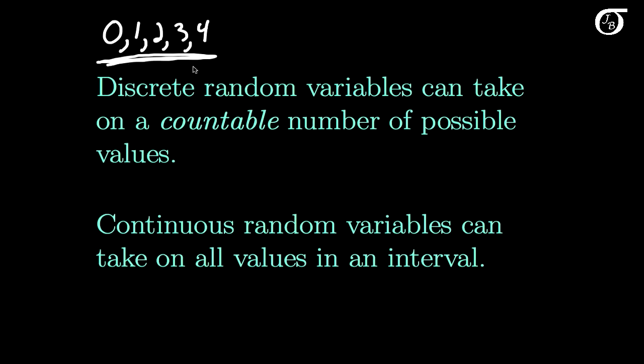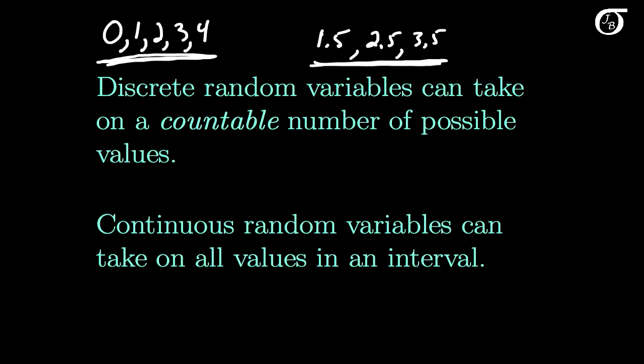Now, discrete random variables do not always represent a count. We might have a discrete random variable that takes on the values 1.5, 2.5, and 3.5. These aren't count data, but we have these 3 possible values that our random variable can take on, and as such, it's going to be a discrete random variable.